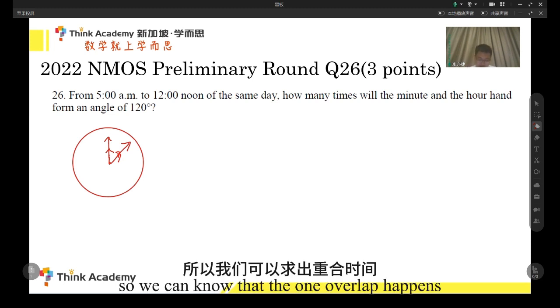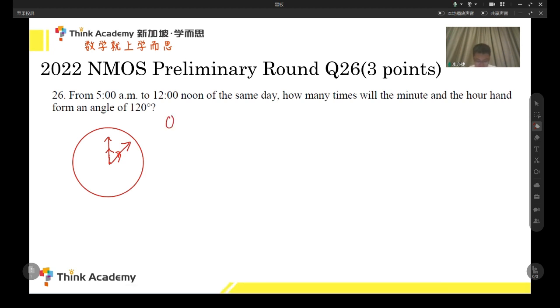So now we can know that one overlap happens for every distance difference divided by the speed difference, right?